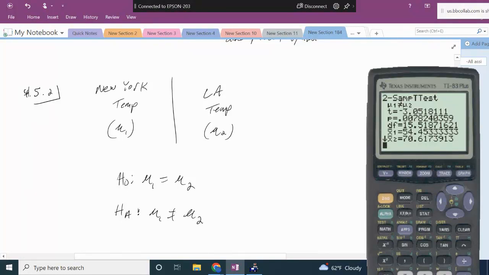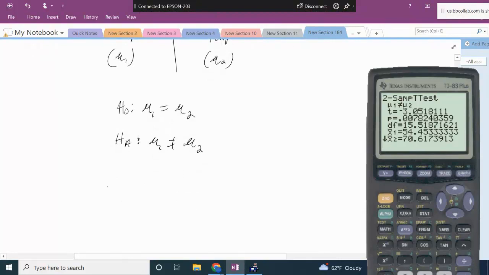Okay. So next we're going to write out the test statistic, which is negative 3.0518.